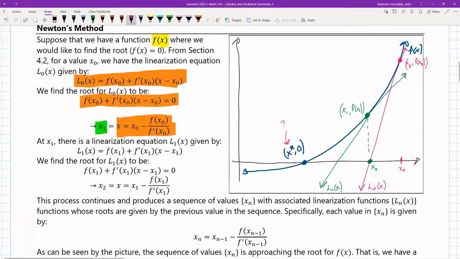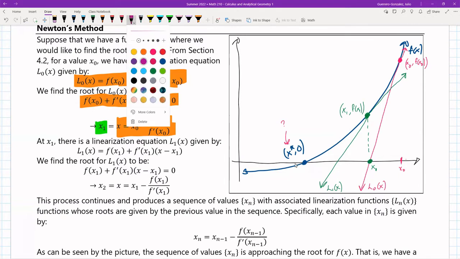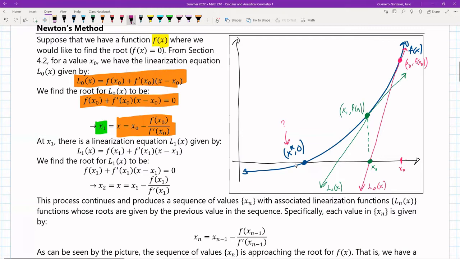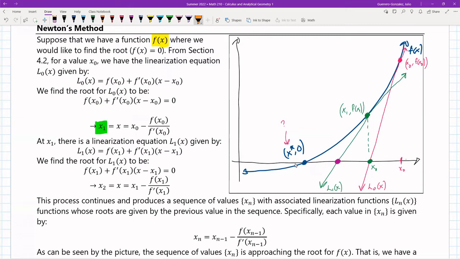So now I'm going to do it again. I'm going to find the root of this line, L1 of x, the green one. That means we're doing the exact same process.